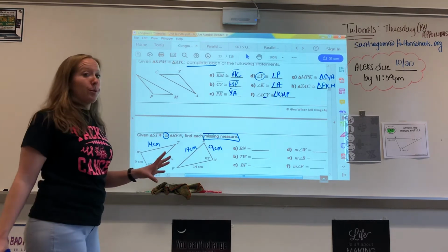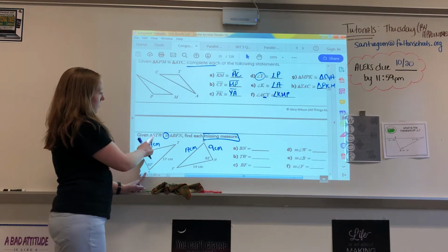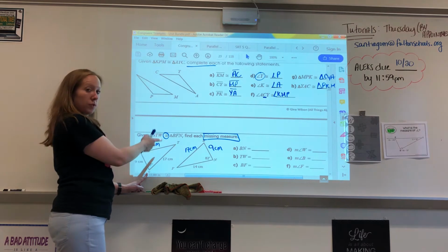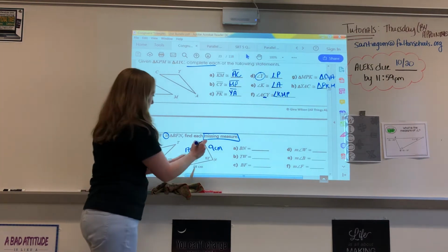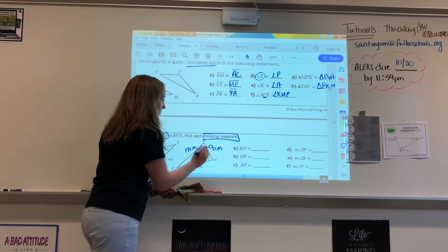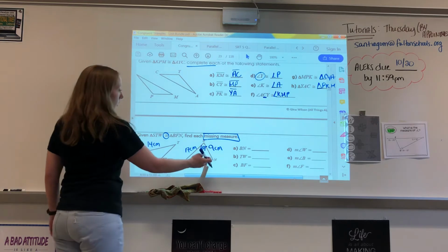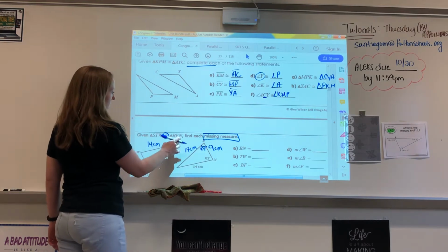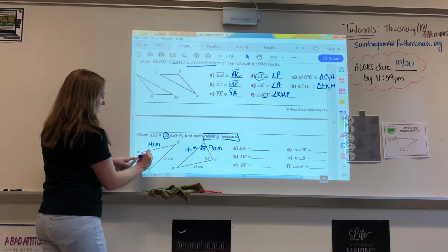And now I have angles though too, I see degrees. Angle S is 67. S is the first letter. What's the first letter of the other? B. So I look for B. And I'm going to put 67 because those corresponding angles are congruent, equal measure. Angle N is 82, so N and W. So W is 82.